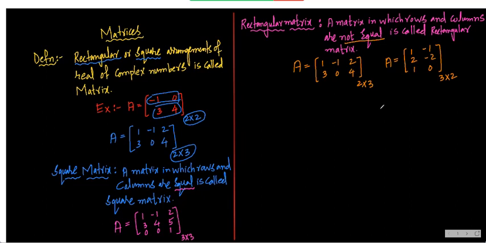So such matrix is called rectangular matrix. Okay. Now next definition we can discuss, that is called identity matrix. It's an important identity matrix.